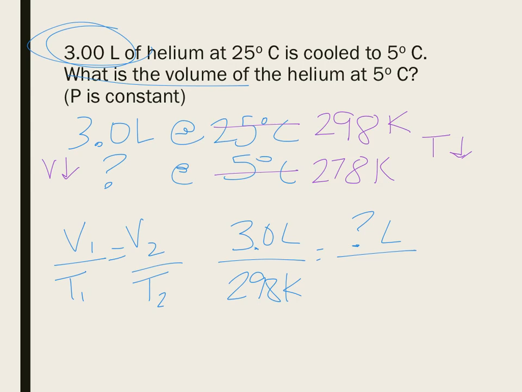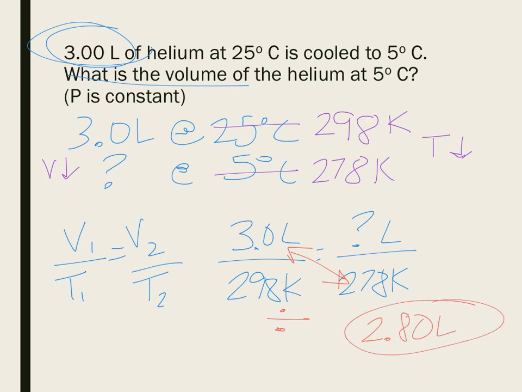My T2 is 278 Kelvin. I cross multiply and divide, and I end up with 3 times 278 divided by 298 equals 2.79865, or 2.80 liters. The significant figures are kind of weird here.